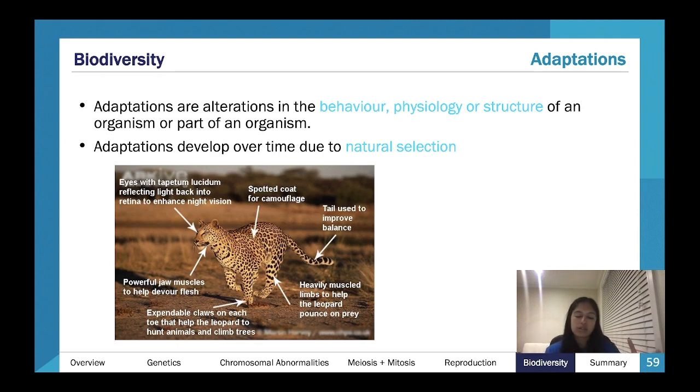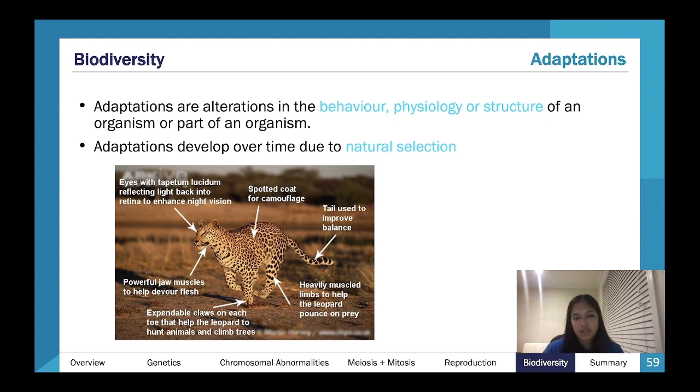So if you're in a really dry environment, if you've got a longer loop of Henle, you can absorb a lot more water and you can stay more hydrated compared to another animal that may have a shorter loop of Henle. They won't be able to stay as hydrated in this dry environment. So that's a physiological example. And then structural, maybe you're thinking about size or shape of wings, or color of fur or something like that.